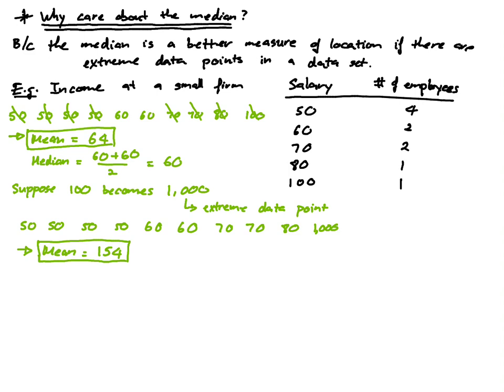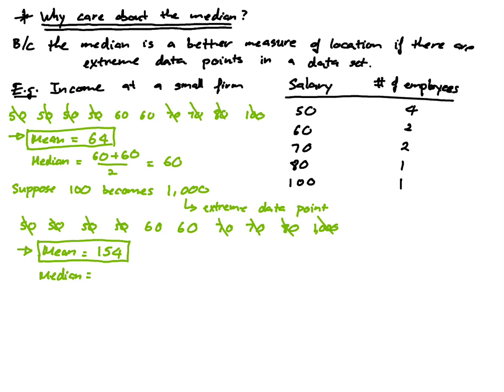So the mean is very easily influenced by extreme data points. But let's look at the median. So the median, we find by, again, removing the outermost values one by one until you end up with 1 or 2 values in the middle, right? So if I remove 50, I remove 1,000, 50, 80, 50, 70, 50, 70. So I end up with 60 and 60 in the middle.